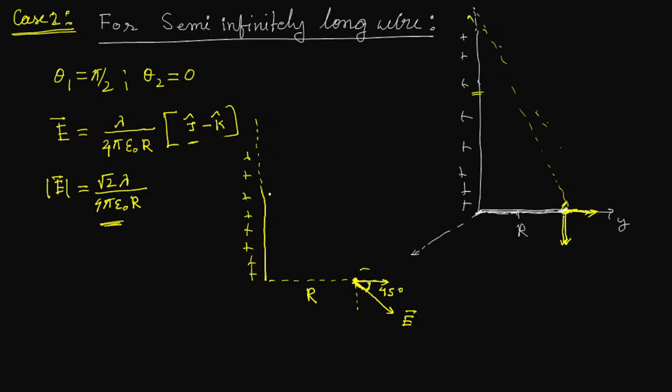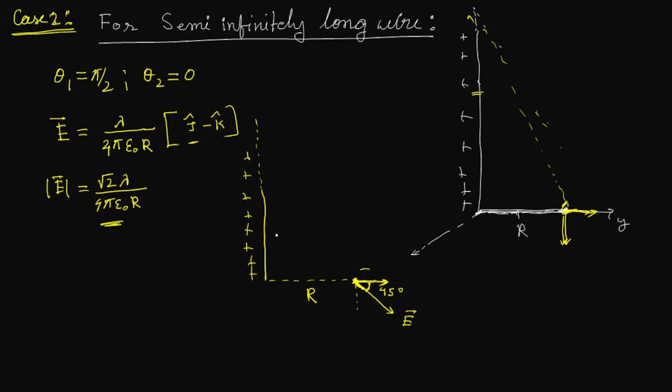Okay, so if we have a semi-infinitely long wire, and if we want to calculate electric field at one end point at a perpendicular distance r, then the magnitude of electric field will be root 2 lambda divided by 4 pi epsilon r, and direction will be 45 degree downward with the perpendicular to the length. But if source charge is negative, then what will happen?